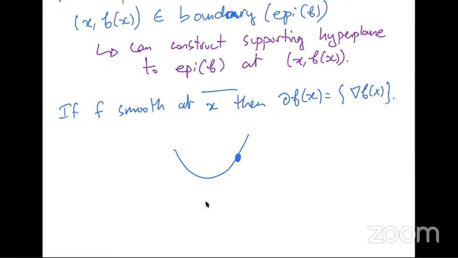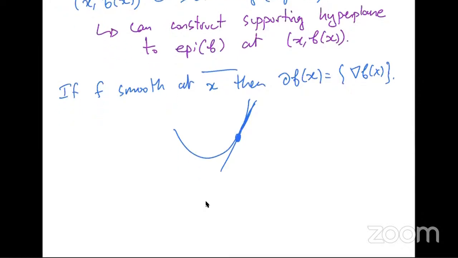If I deviate a little bit from it, I will definitely be either an upper bound or a lower bound. There's just a single line I can draw here, and that line will have to be the first order Taylor expansion. I'm just trying to give some intuition about these things without writing formal proofs, because I hope most things here are relatively intuitive.